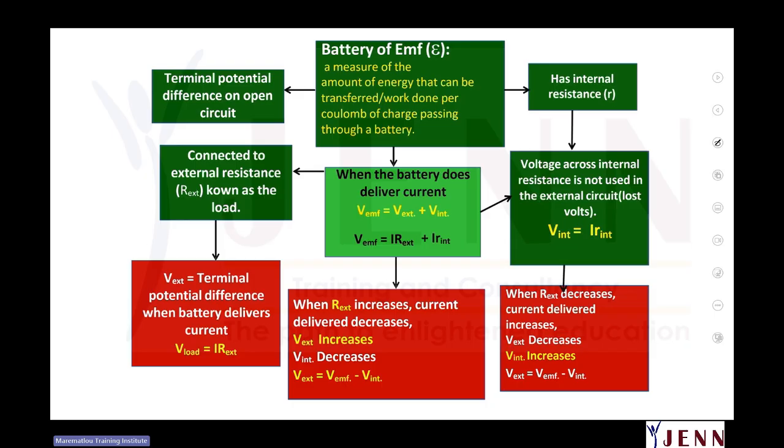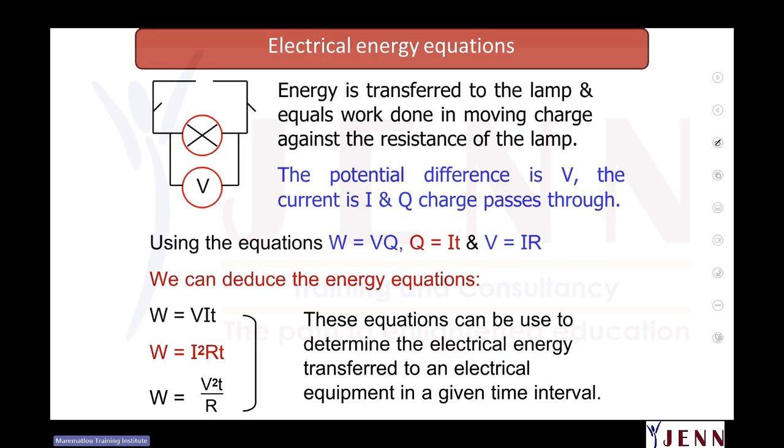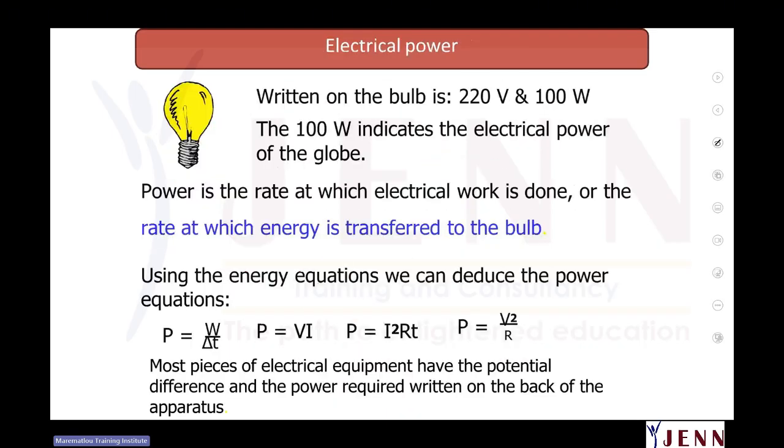And the first question is, if the battery has terminal potential difference, if the circuit is open, we get an open circuit, and then you also have the other side that says it has internal resistance. So we just need to find out, does the battery have internal resistance? If it has internal resistance, then what do we do? That flow chart, you will see I have a summary of it somewhere here that we need to look at.